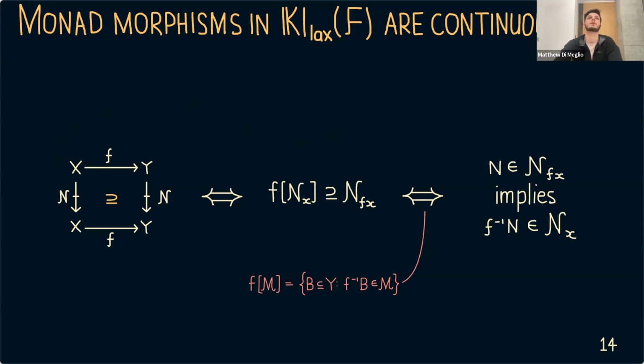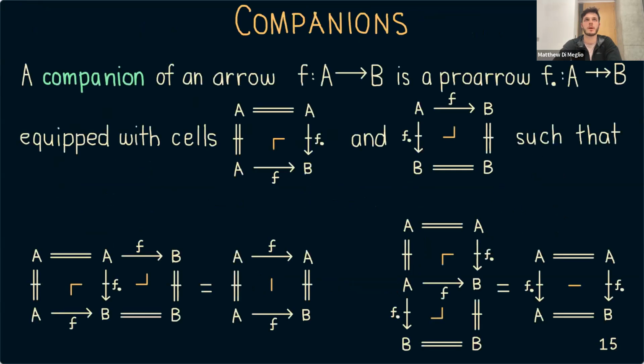Okay, so we've seen what the morphisms of monads are, but to talk about the retromorphisms, we need to bring in a little more double category theory. But thankfully, Perret also introduced these notions in the previous talk. So what we need is this notion of companion.